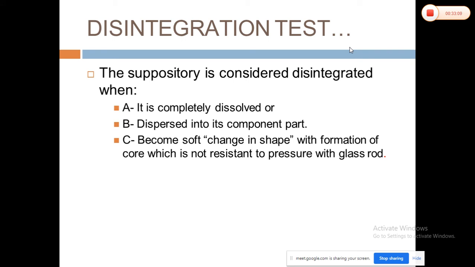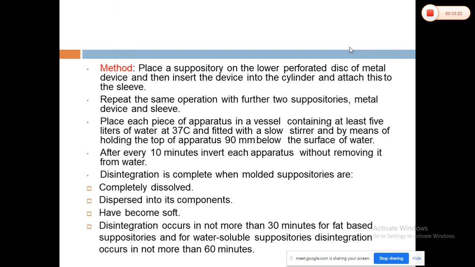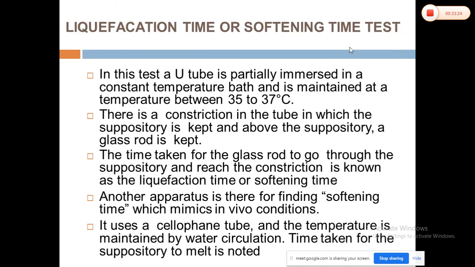For fat-based suppositories, they should disintegrate within 30 minutes, and for water-based suppositories, they should disintegrate within 60 minutes. So these are the procedures they have given also. Then for the liquefaction time, you have to use a U-shaped tube. That tube is immersed in a water bath maintained at a temperature of 35 to 37 degrees Celsius.